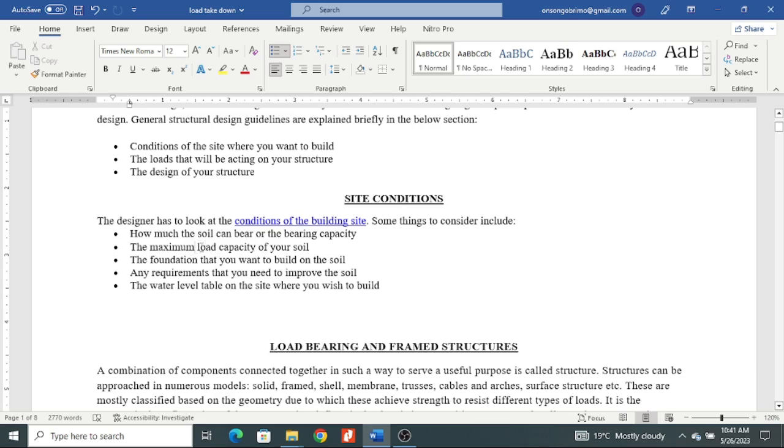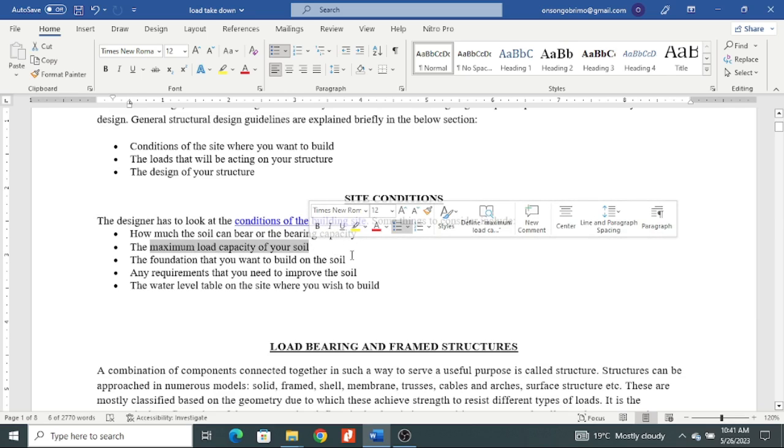That is the maximum load bearing capacity of my soil. And for high-rise structures or when you're doing storey buildings, it is good that you go to site and test for bearing capacity of soil. There are very many methods of doing this.